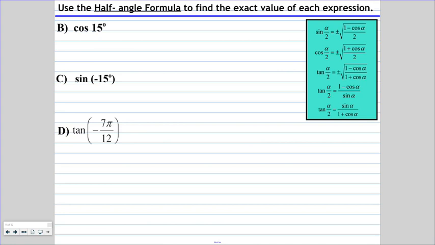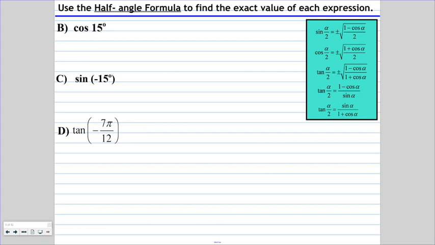All right. So moving on to page 14 of the note packet, example B, we're kind of going backwards now. So we want to use the unit circle angles to evaluate. We don't want to do this with a calculator. So we're going to take a look at the angles we've got and see if we can use the half angle formulas in order to write these in terms of angles on the unit circle.